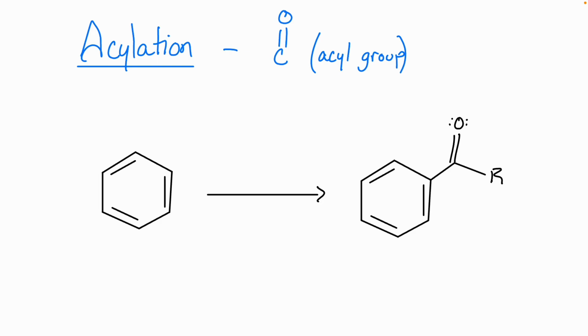And so this is going to be very similar, except now, instead of just an alkyl halide, we're going to have a chlorine attached to that carbonyl group. We call that an acyl chloride, and again, that aluminum chloride catalyst.